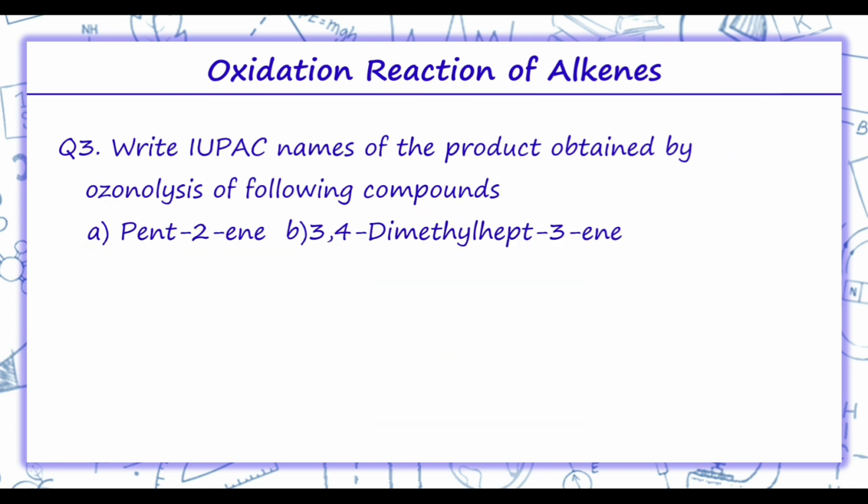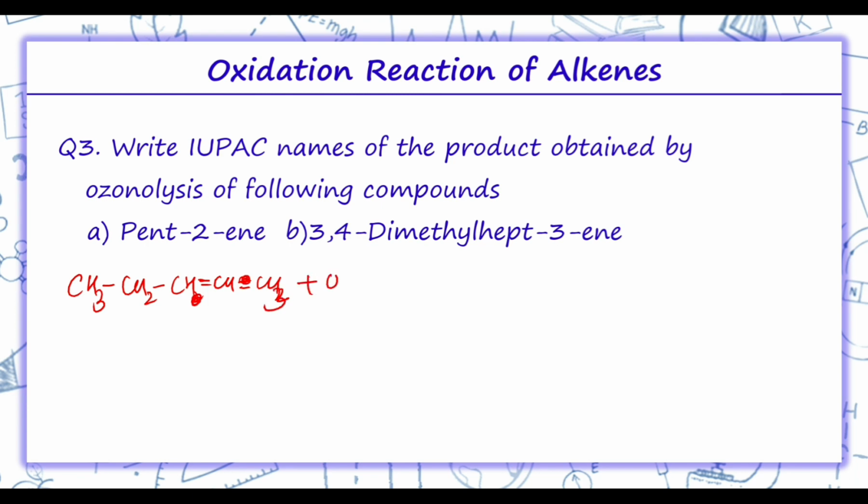Moving on to the next question. We have to write the IUPAC names of the products obtained by ozonolysis of the following compounds. First we have pent-2-ene. So this is CH3CH2CH=CHCH3.